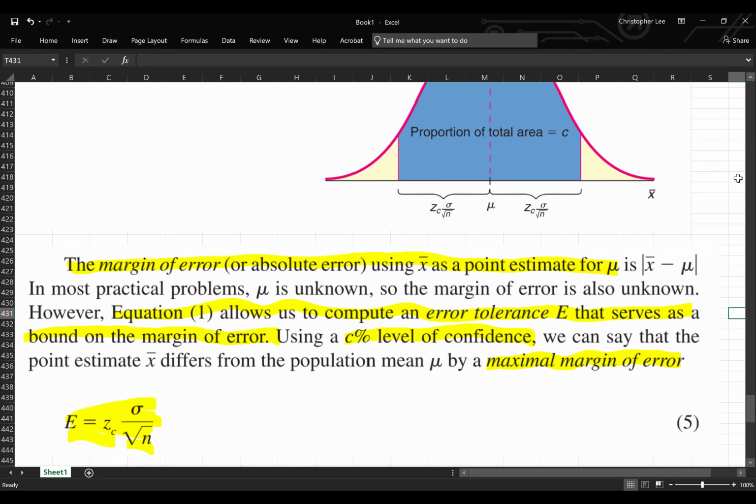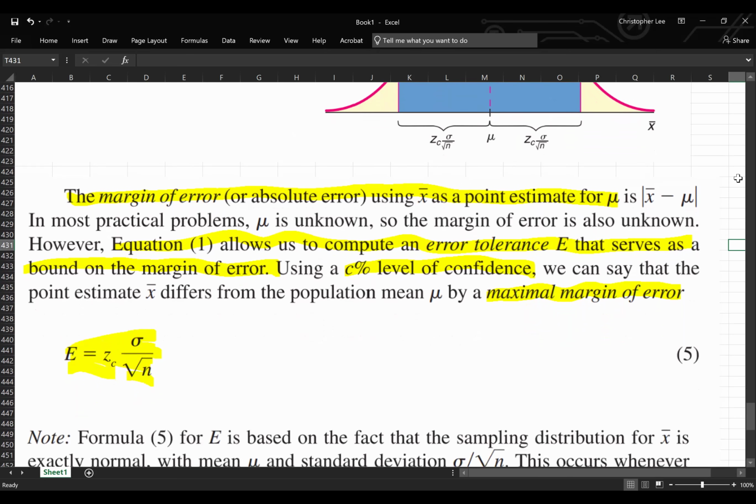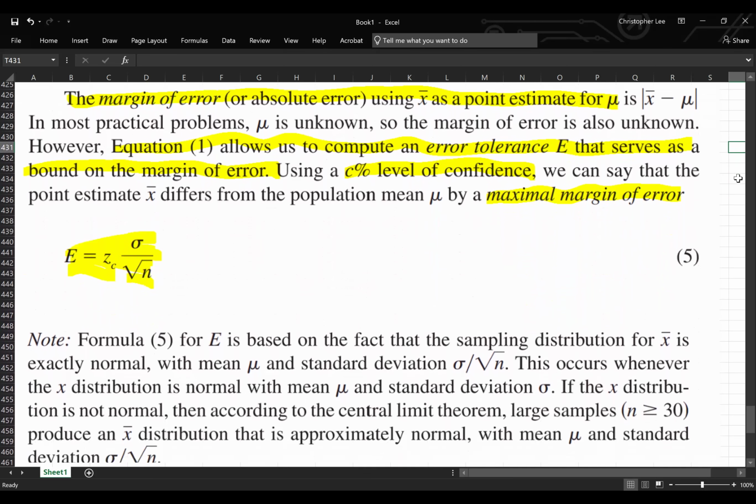So we say that the point estimate x bar, the sample mean, differs from the population mean mu by a maximal margin of error. This is your equation for margin of error: E equals Z critical times the standard deviation over the square root of n. And in case you're wondering, yes, it's on your formula sheet.